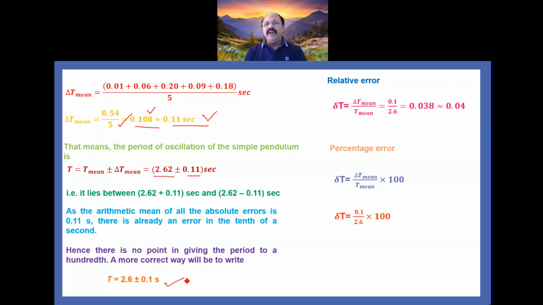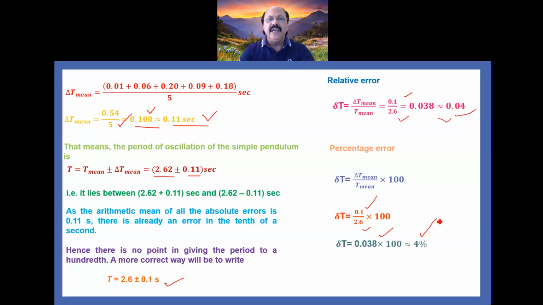So substitute the value: 0.1 upon 2.6 multiplied by 100. Then you calculate it, it comes 0.038 into 100, so approximately 4%.